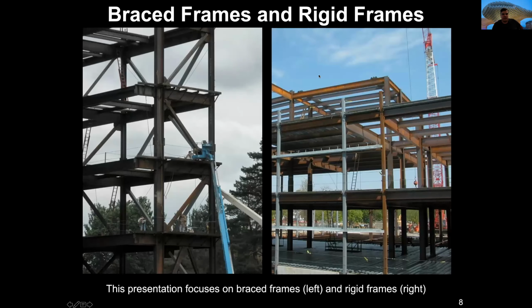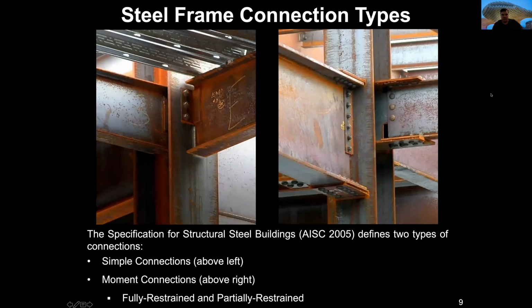Well, braced frames are rigid structures, and we will be looking at some braced frames here on the left side, and rigid frames, or frames that are very well connected, on the right side. According to the specification for steel buildings, AISC 360-05, we have two types of connections.